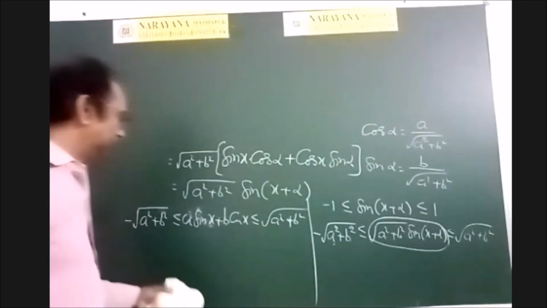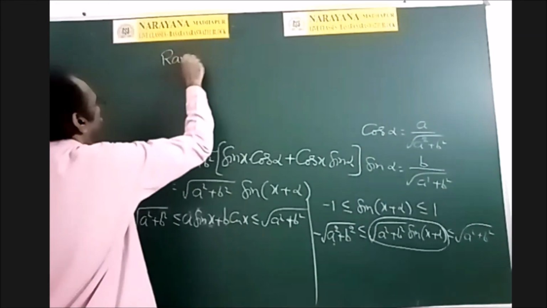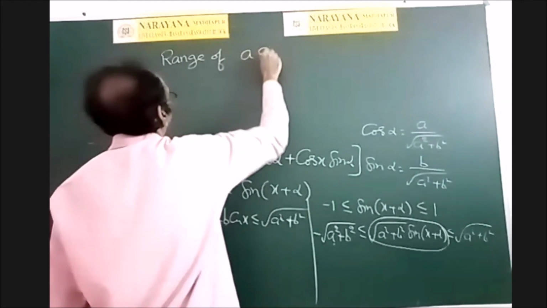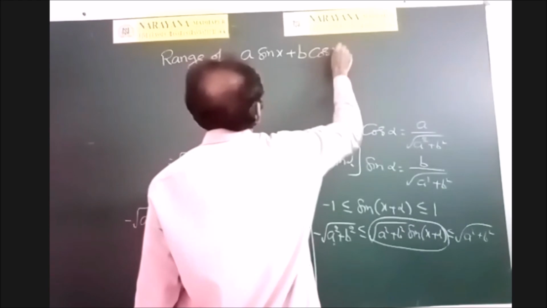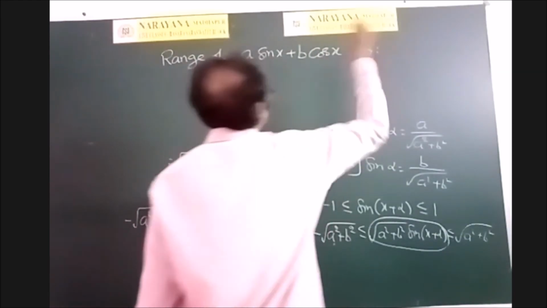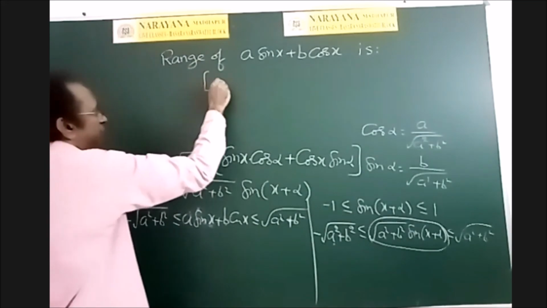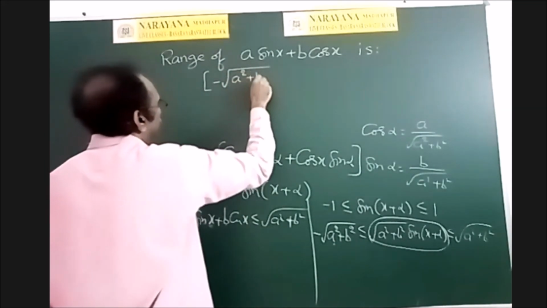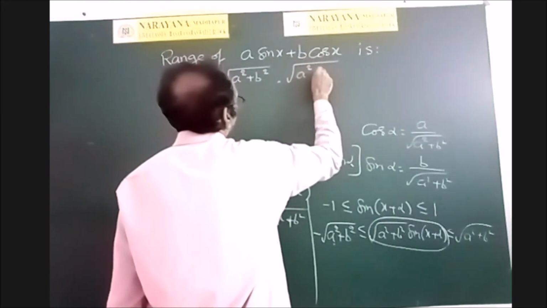So I will write this once again. So range of a sin x plus b cos x is, so what is the range? Closed interval minus root of a square plus b square comma root of a square plus b square.